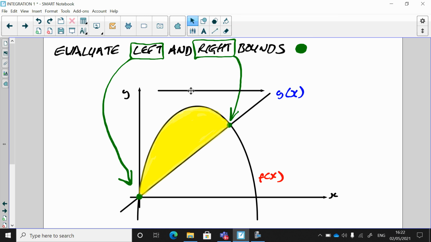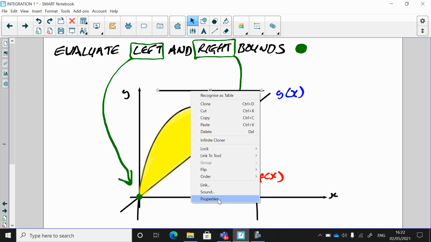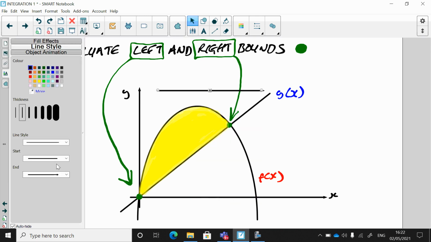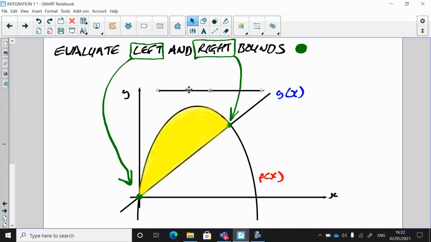Just so you know, we're talking about this general region here. See that there?